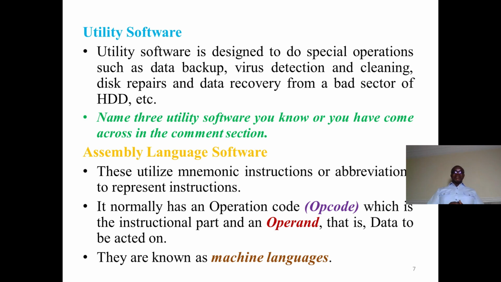Utility software is designed to do special operations such as data backup, virus detection and cleaning, disk repairs, and data recovery from a bad sector of hard disk drive, and so on and so forth.